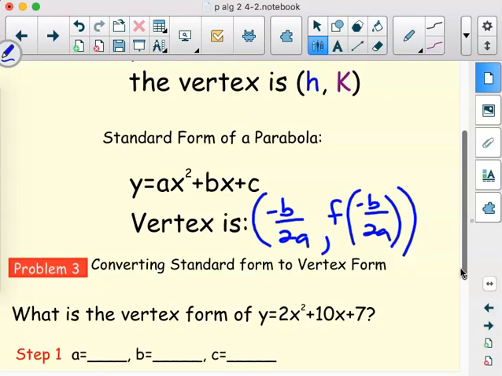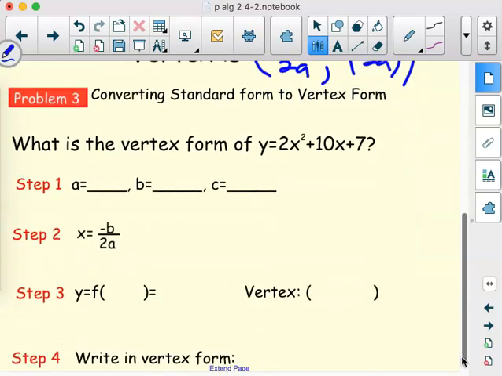So the notation for that kind of helps us remember we're going to put negative b over 2a back into f in order to figure out what we get for y. So it's not a complicated formula. Like I mentioned before, you learned this one in exponential. It's just a little bit harder to remember than vertex form, you know? And since vertex form is so great, we'd want to use that a lot, if possible.